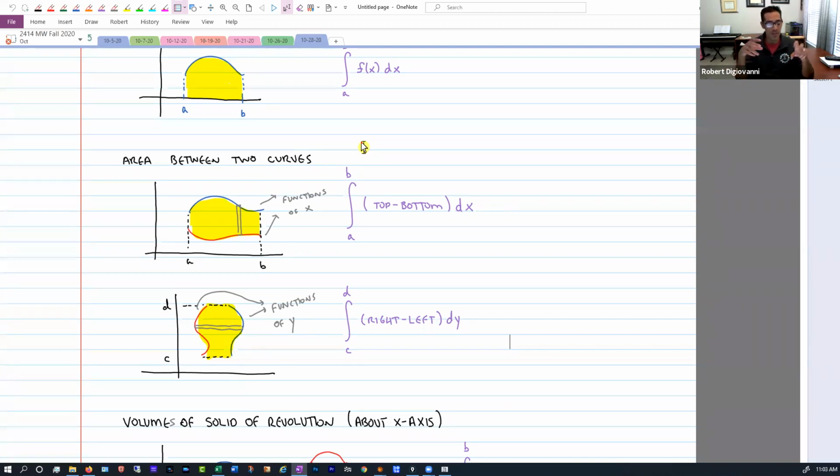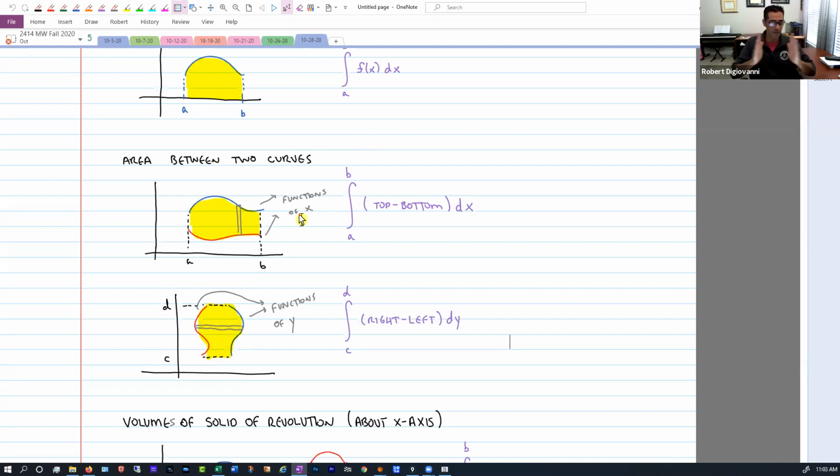And so then we had to talk about how you can have functions of x or you can have functions of y. Depending on what you have, that will dictate which version of the formula you're going to use. So if we're trying to find the area between two curves, and both curves are functions of x, then we construct a bunch of vertical rectangles.